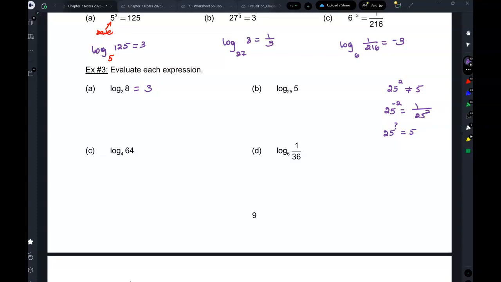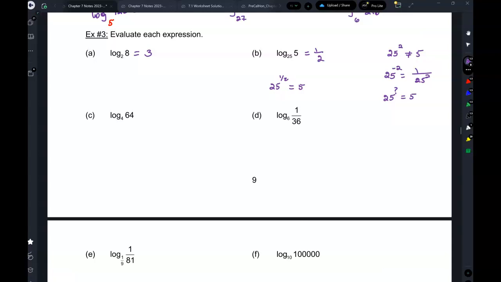So here's the question for you. What can I do to 25, and it's not by dividing, to get a 5? Square root. What is square root in exponent form? 1/2. So this is 1/2, because 25 to the power of 1/2 is equal to 5. You see that now?